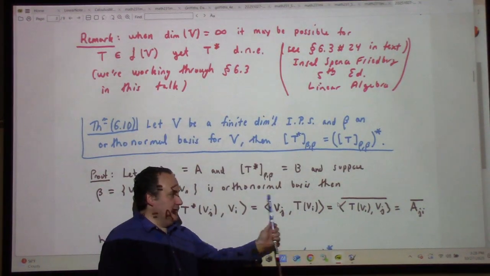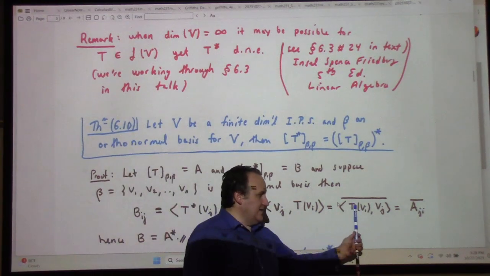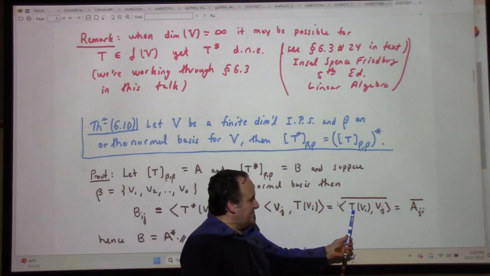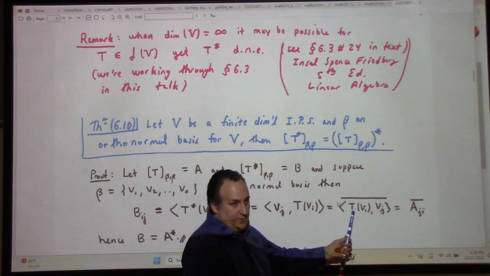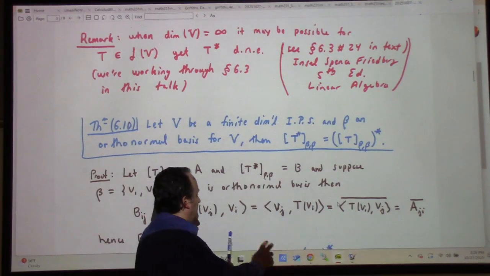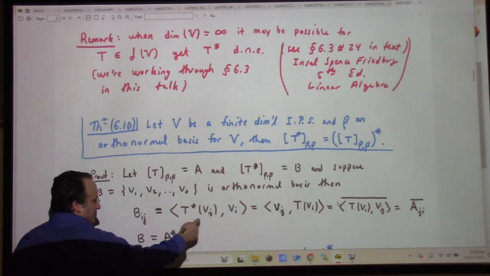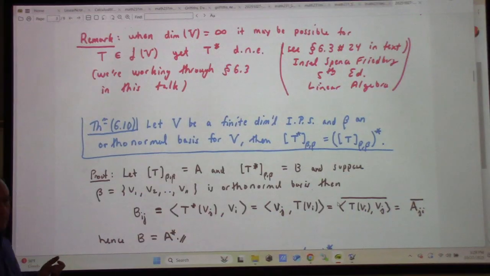Notice the star is gone. Then I move it back. Notice the conjugate. But this is exactly the matrix of T, but the jith component, because you notice the flip of the indices. The j goes first, the i goes second. That's the way this works. We sorted through this, and that proves theorem 6.10.